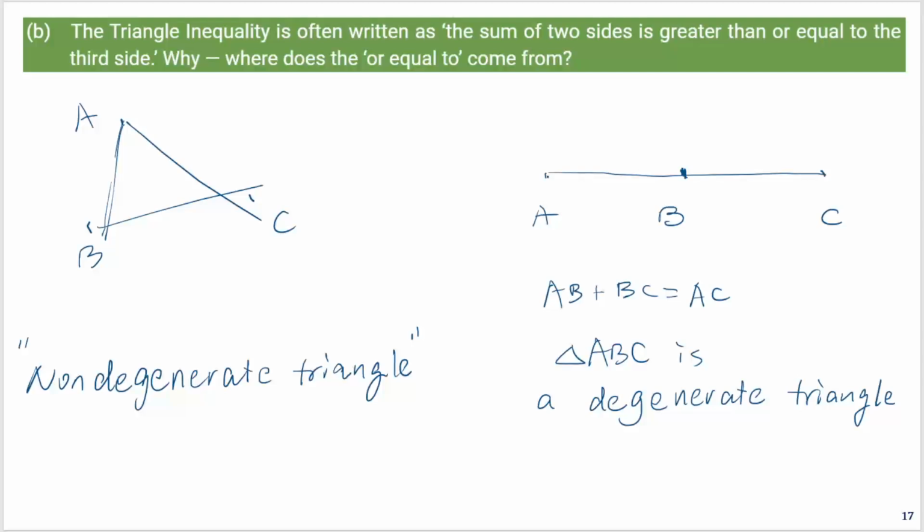Note that when B is on the segment AC, we still have AC plus BC is larger than AB, and AC plus AB is greater than BC, in addition to AB plus BC equals AC. So the triangle inequality is still satisfied with a small modification.